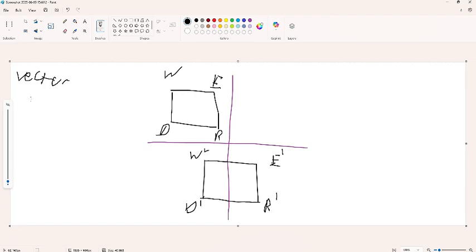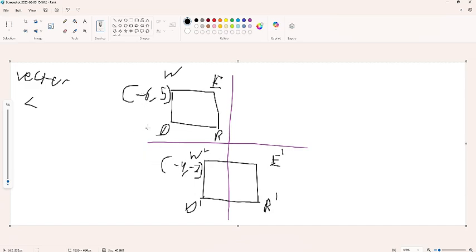Let's say W is at (-6, 5), and W prime is at (-4, -2). So if we want to jump from here to here, -6 to -4.